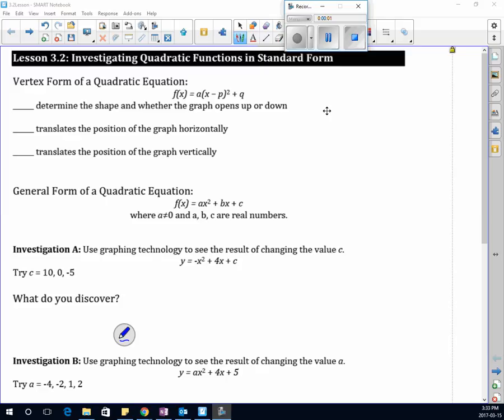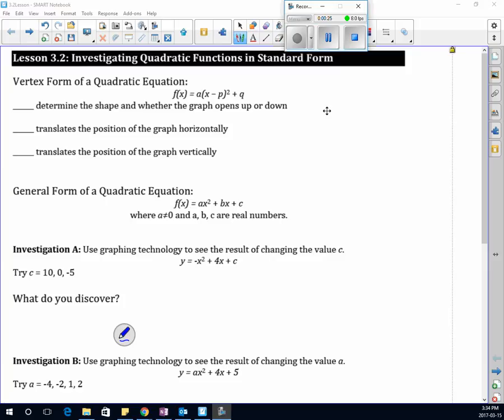Alrighty, so we've learned a lot about quadratic functions up to this point and how they change the shape and position. So let's do a little recap here. When it's in vertex form, meaning when I look at the equation, I can actually read what the vertex is. Which letter determines the shape, whether it opens up or down?